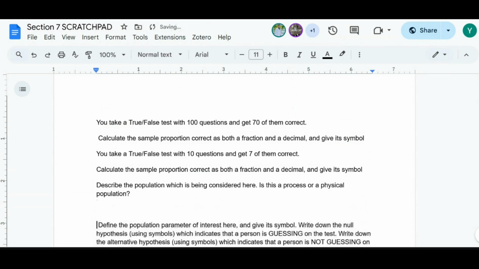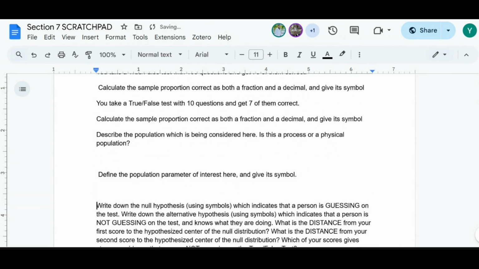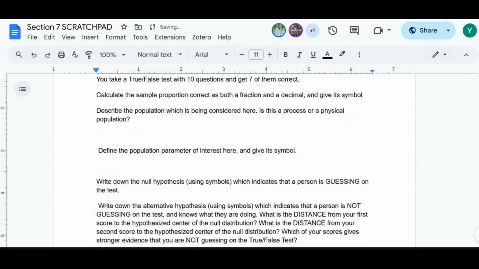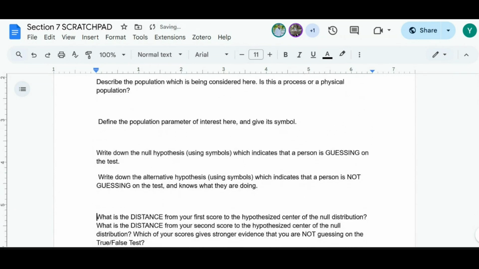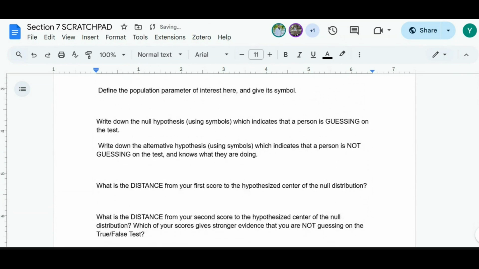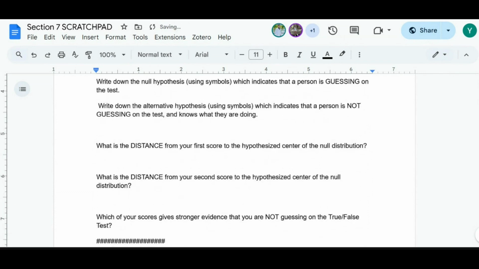In the true false, 70 out of 100 is close enough where it's like, oh, you definitely got 70. But also it's not 10 questions, it's 100 questions. So that indicates they're guessing. But I think you can use the 100 as a basis. Like, recognize what you mean.